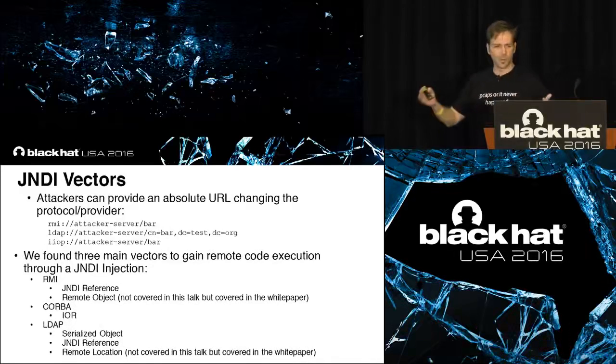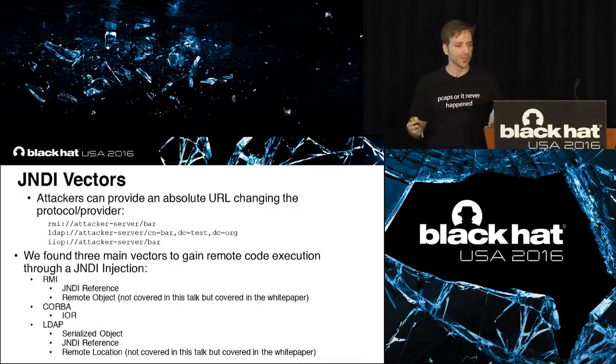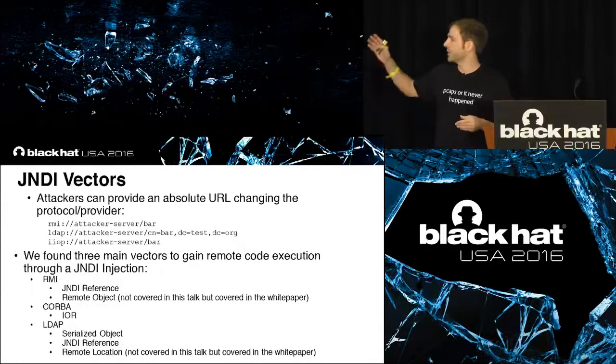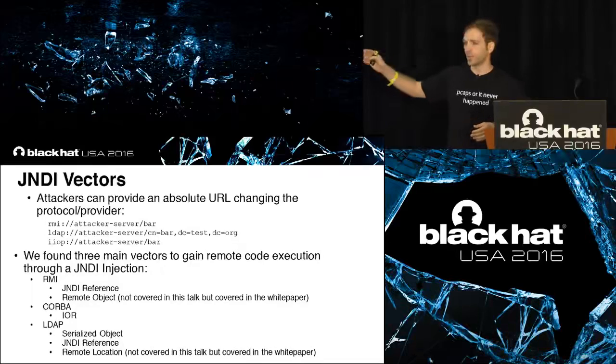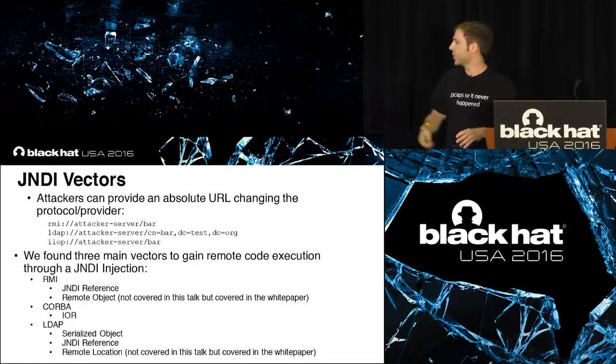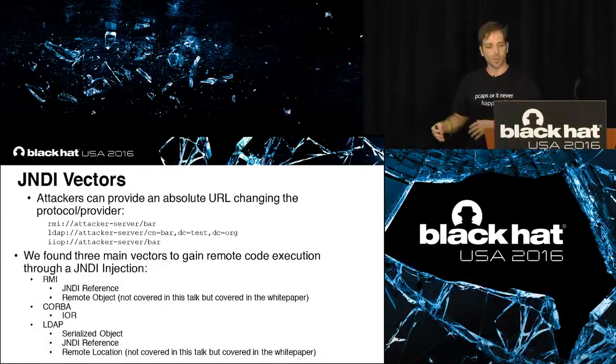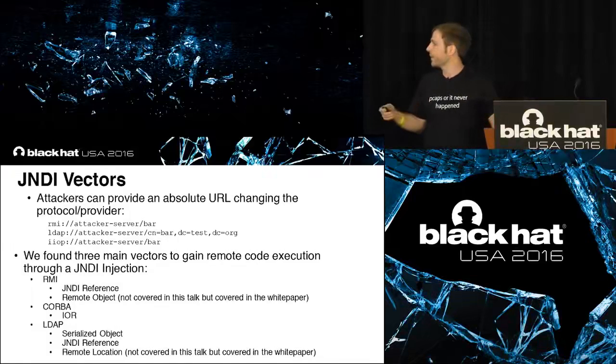Amongst all the protocols that they can use, we found that 3 of them allow attackers to gain remote code execution. The first one is using Remote Method Invocation, RMI, through the usage of JNDI references or remote objects that we don't have time to cover during this talk, but it's covered in the white paper that will be released later today.